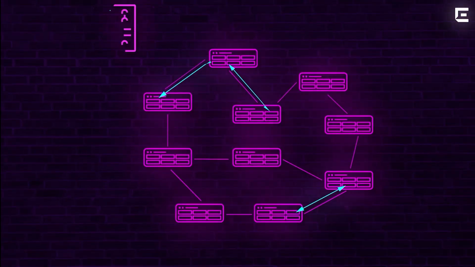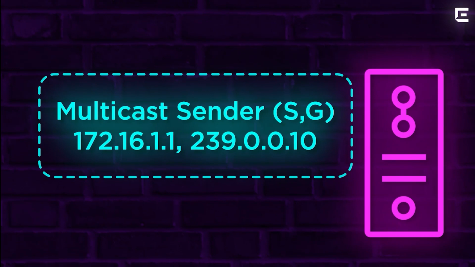But instead of me telling you this stuff, let's just go and look at the animation and work through that. The sender has an IP address of 172.16.1.1, as you see on screen, and the multicast group that it's going to go to is 239.0.0.10.